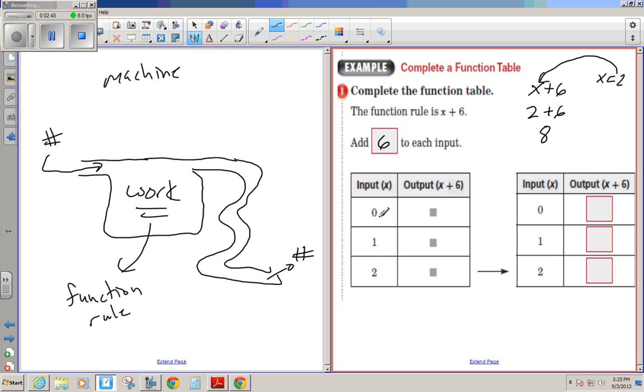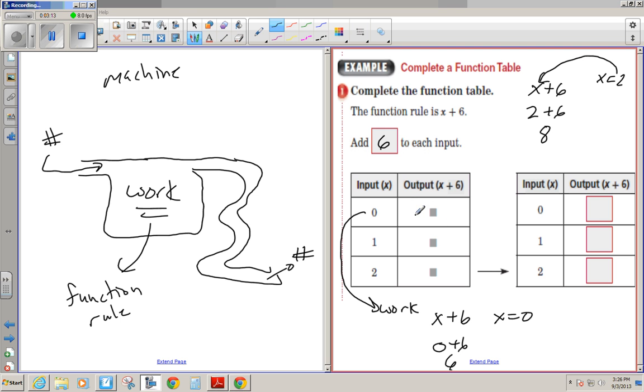So here, 0 into the machine. Do some work on it. And you now know that x plus 6 is your rule. You're saying let x equal 0, plugging it in, and getting 6.